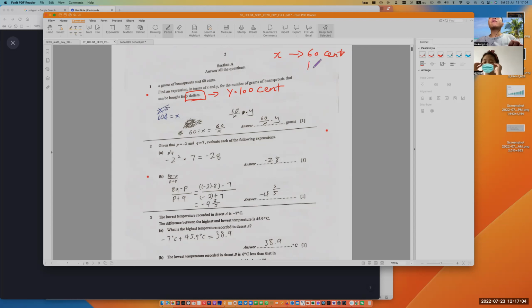Now you have 100Y cent. They ask how many gram, right? So you use 100Y cent divided by 60, then that's the proportionality, you times the X.